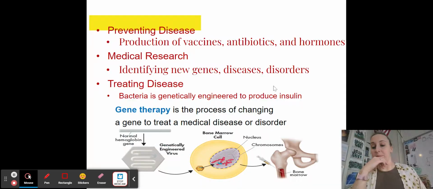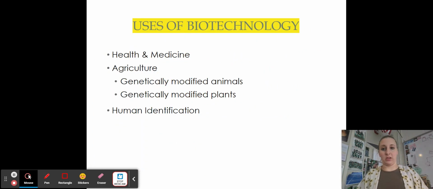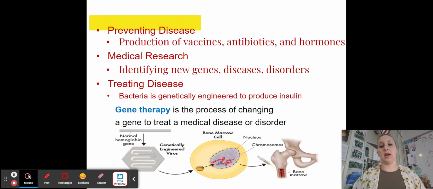With biotech and genetic engineering, looking at the uses of this, health and medicine can be used to help prevent disease altogether, by making things like vaccines, antibiotics, and different hormones so that diseases or traits don't become an issue.